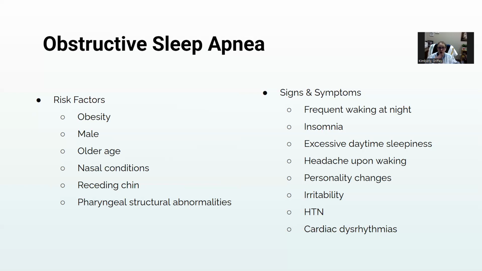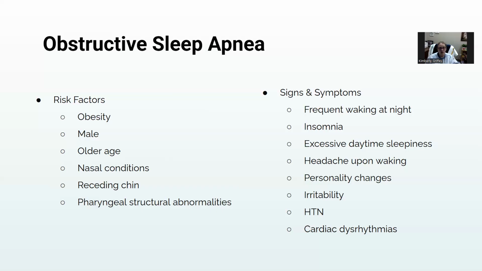If you have a receding chin, there are congenital disorders that make your chin recess. So you'll see these people who have very recessed chins. This causes structural disorders, so that the jaw kind of slacks backwards.